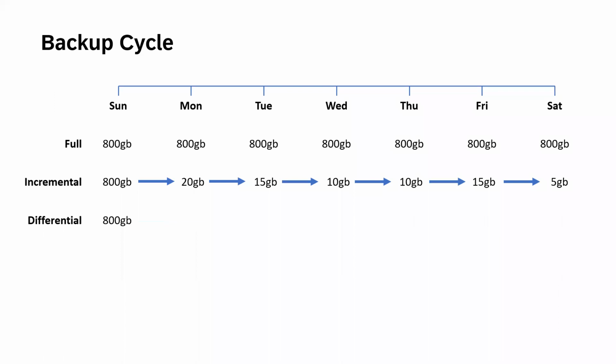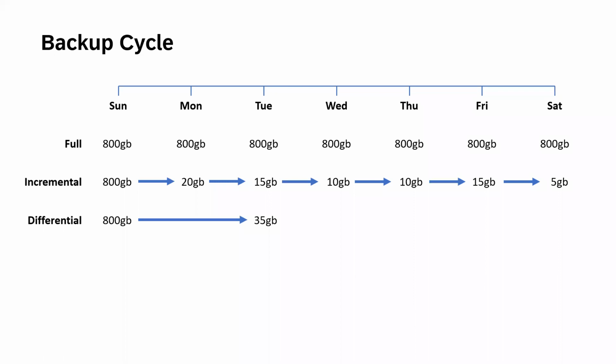But what happens on Tuesday? On Tuesday, there is a change of 35 GB, that is since your last full backup. For a differential backup, the reference backup should always be a full backup. It will not refer to any incremental or differential backup.